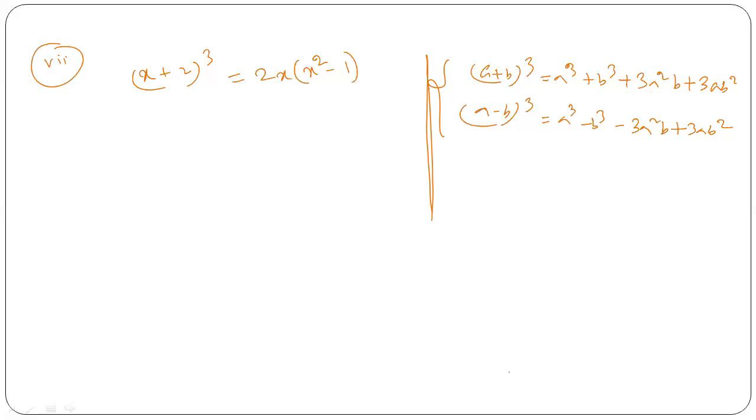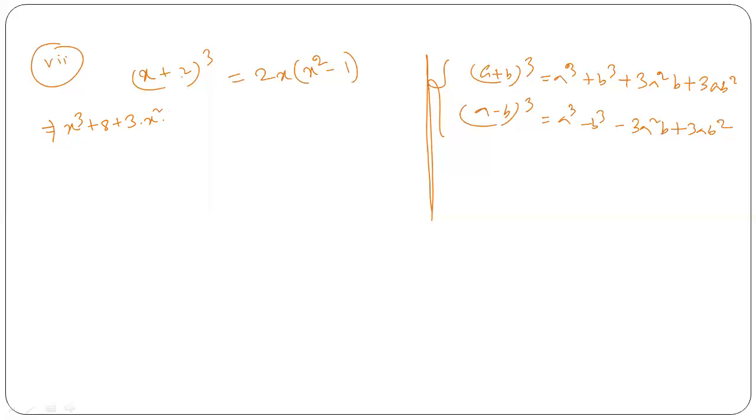Now apply the formula here. a + b, that means x³ + 2³, so it will be 8. 2 cube means what? 8, yes or no? Now it will be 3a²b, that means 3x² into b.